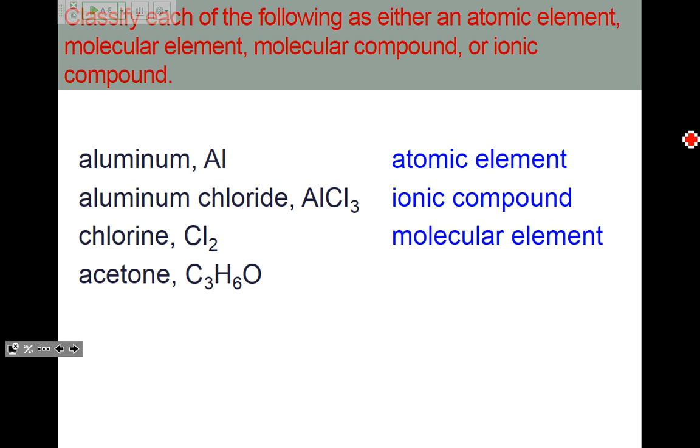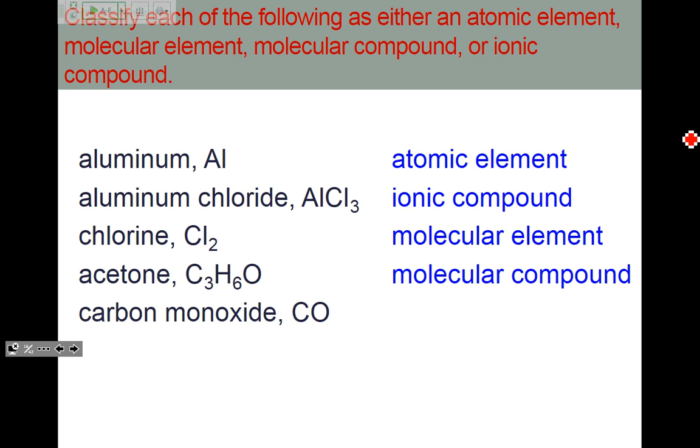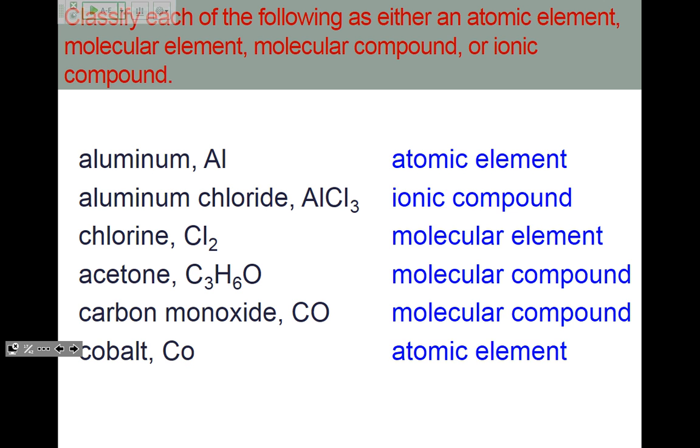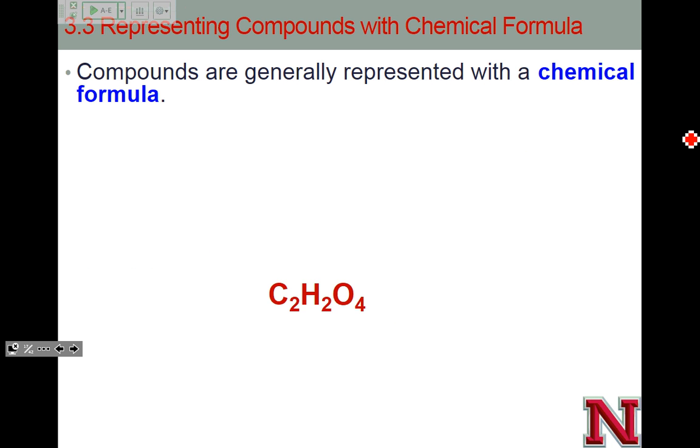Acetone, we only have nonmetals bonded together, so that's a molecular compound. The terminology is distinct between these two, don't mix it up. Carbon monoxide, again, molecular compound, we just have nonmetals bonded together. Cobalt, that's just a metal, it's just an atomic element.